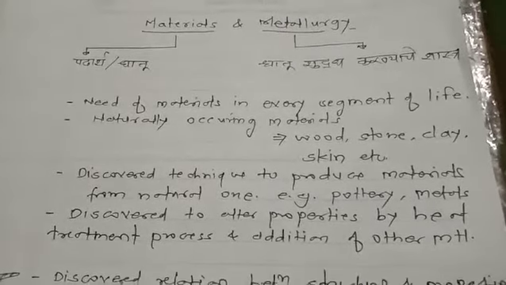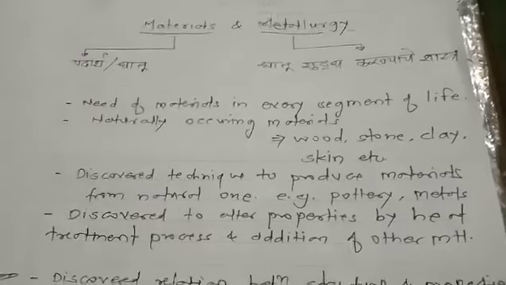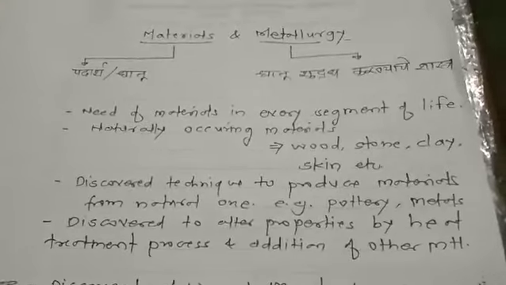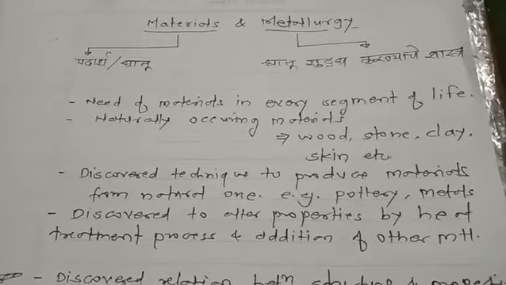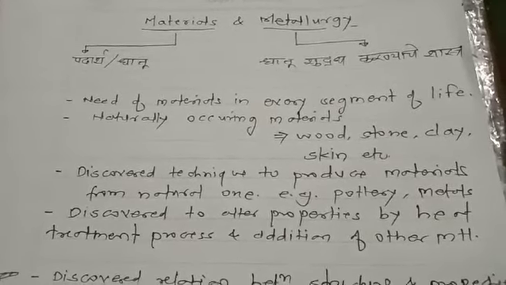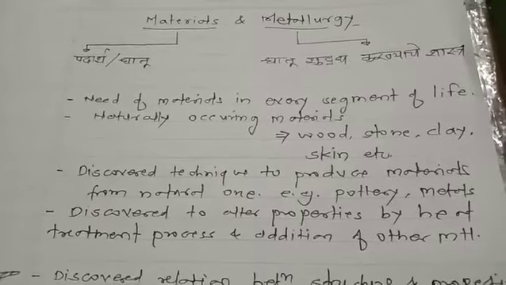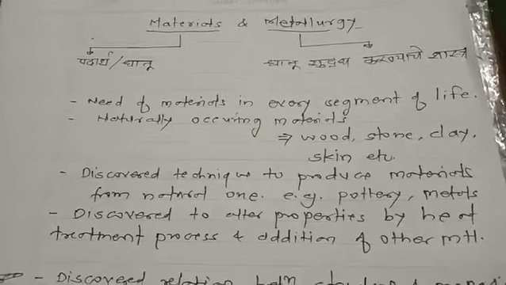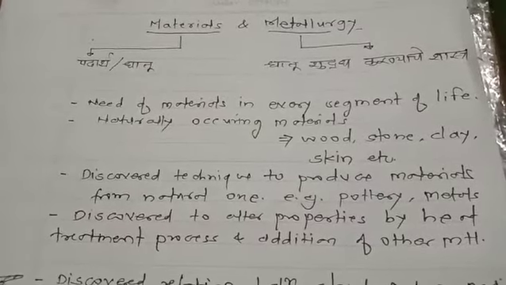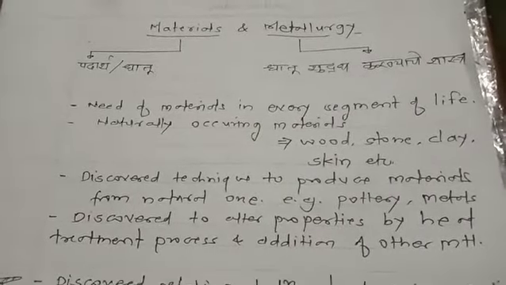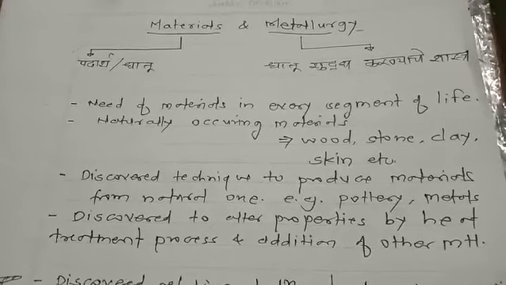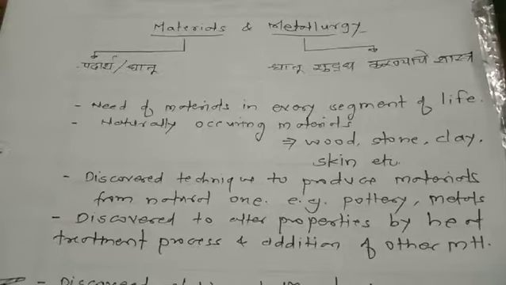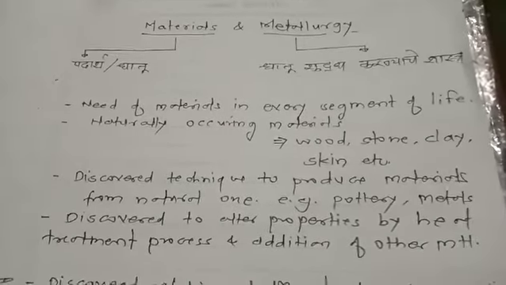So this subject is very important for engineers. The knowledge of this subject is very important in design problems. If you want to design a system, then you should know the different parameters required to select the proper material for the different application, right?